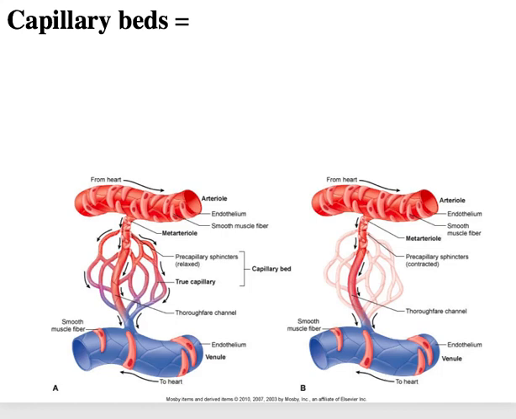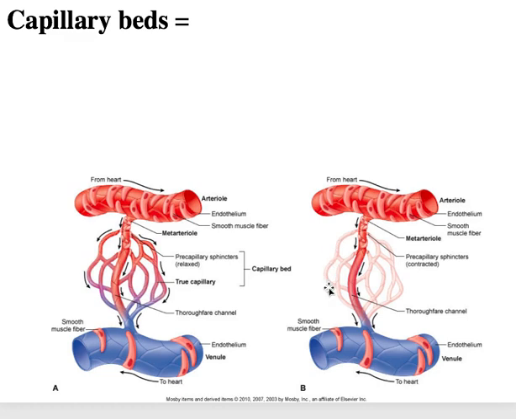What we're looking at here is a cool way of picturing a capillary bed, where we have the arteriole up above, and then what we'll be discussing next, a postcapillary venule here. And what we'll notice is that in between these two is your capillary bed. On the left-hand side, we have a capillary bed which is readily feeding the structures surrounding it. And on the right, we have a capillary bed which is not.